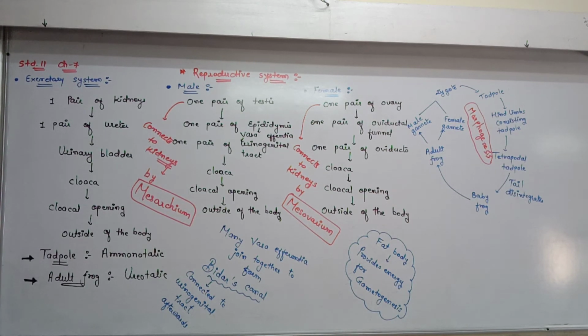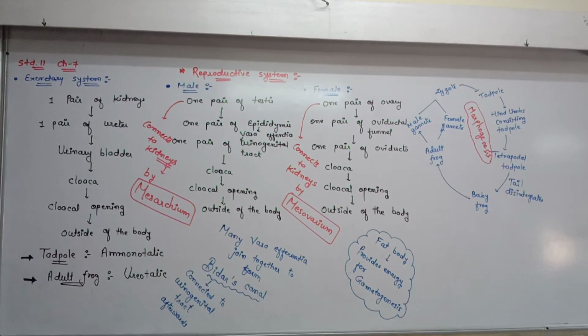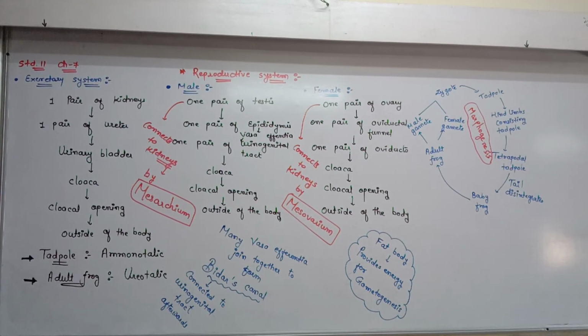Female reproductive organs include a pair of ovaries. The ovaries are situated near the kidneys and there is no functional connection with the kidney. A pair of oviducts arise from the ovaries, opening into the cloaca separately. A mature female can lay 2,500 to 3,000 ova at a time. Yes.